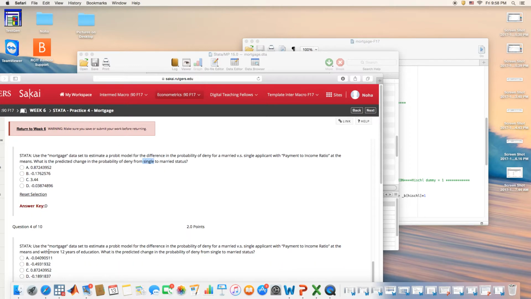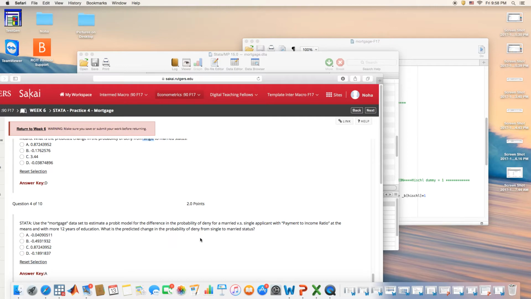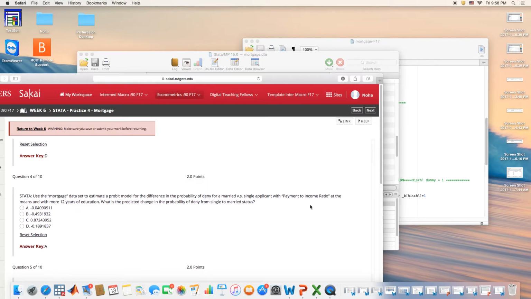The next question is, we're just adding another variable to the model. So we have the dependent variable, probability of deny, and then married versus single. So I'm asking you about the difference now of a person who is married versus single with a payment to income ratio, again at the mean, but I'm adding education.